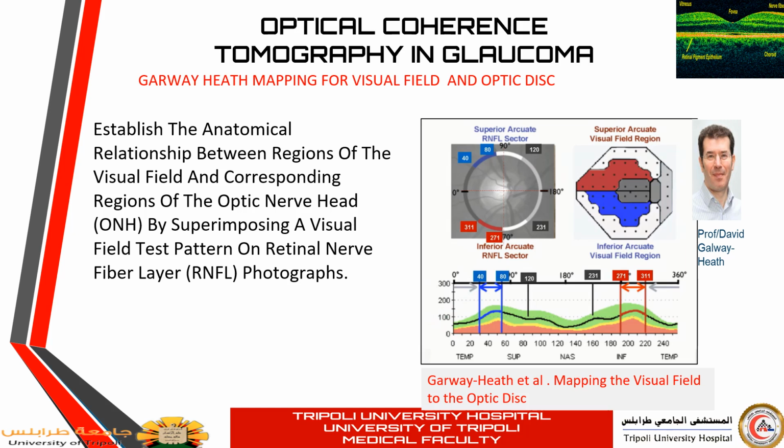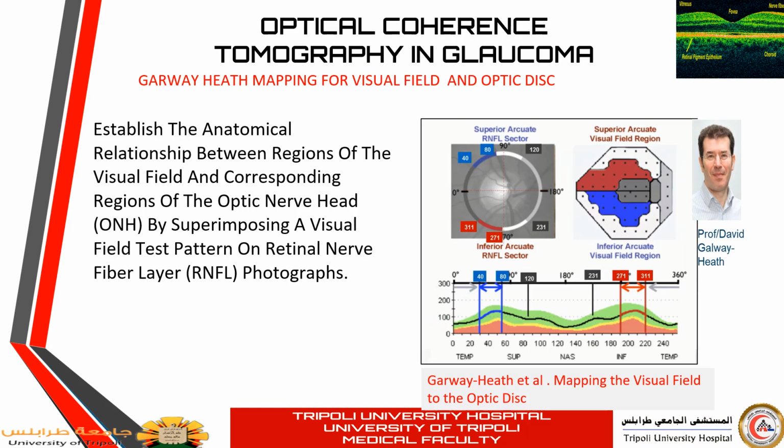Now I want to speak about the principle of simulated visual field. But before I speak about this principle, I want to speak about the Garway heat mapping for visual field and optic disc. Now, Garway established the anatomical relationship between the region of the visual field and the corresponding regions of the optic nerve head that will be affected.